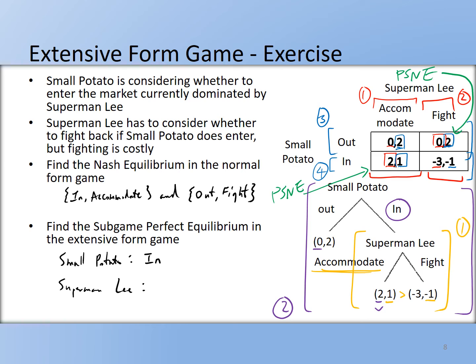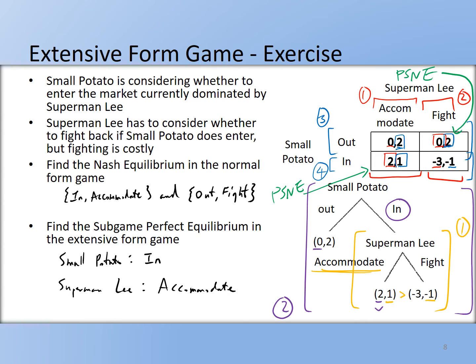Here's the interesting part: I didn't actually specify what supermanly is going to do if small potato stays out. In this particular case, the payoff is the same, so fighting and accommodating are the same, and he's willing to do both. So I'm just going to assume he's going to accommodate.